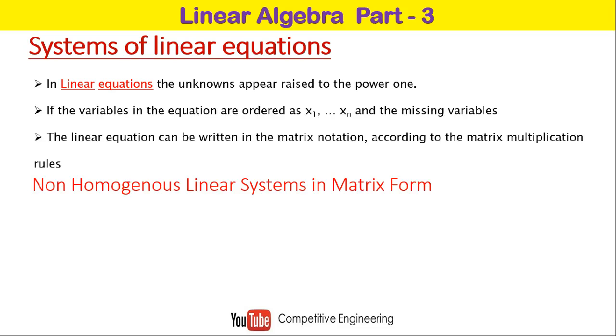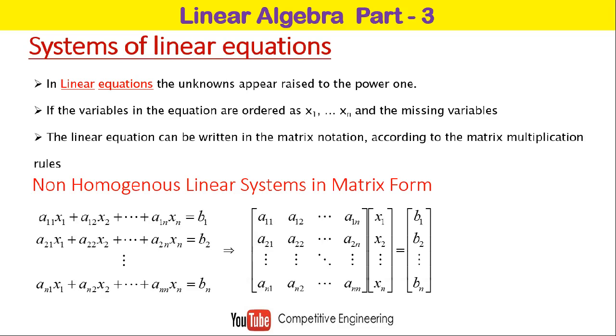So a non-homogeneous linear system of matrix, which means that in the previous case, Ax equal to b, that is a non-homogeneous system. It will look like this: a11 x1 plus a12 x2 plus etc. a1n xn equal to b1. This form of linear equations will be there, so we can convert it into matrix form.